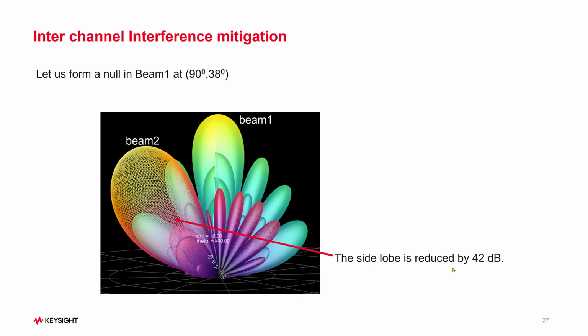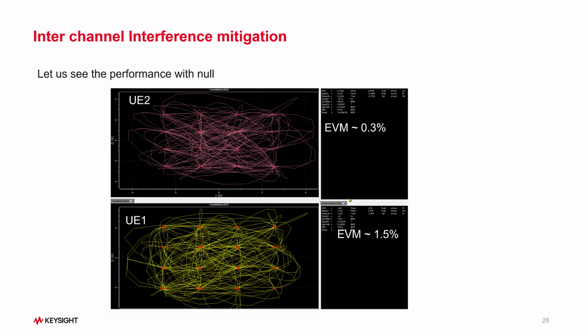We reduced it by 42 dB using the nulling technique that we have in our signal processing algorithm. So now beam 2 is clean. It is able to receive energy without much interference. And you can see that it has recovered pretty well and its constellation is very good.